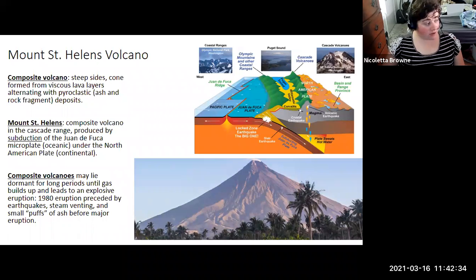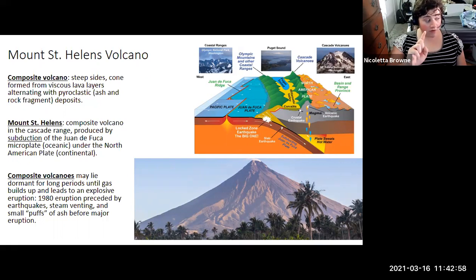And this creates mantle melting, and the mantle melting is actually what creates the magma that produces the plutons as well as the volcanic eruptions themselves. So Mount St. Helens is part of the same chain that includes Mount Rainier, Mount Shasta, Mount Mazama, which is the volcano that formed Crater Lake, and the other volcanoes of the Pacific Northwest.